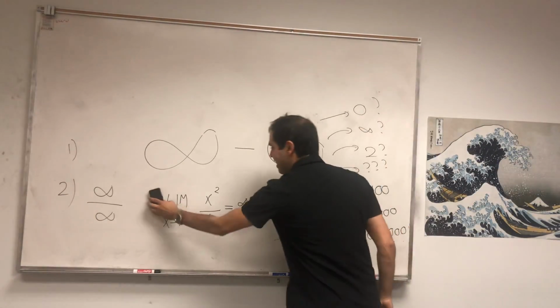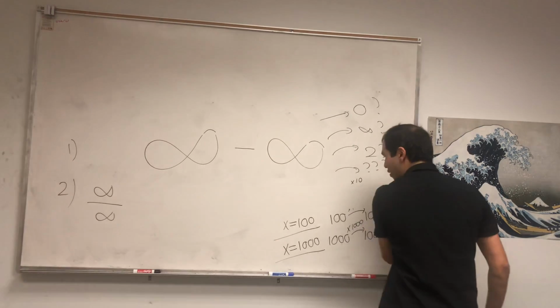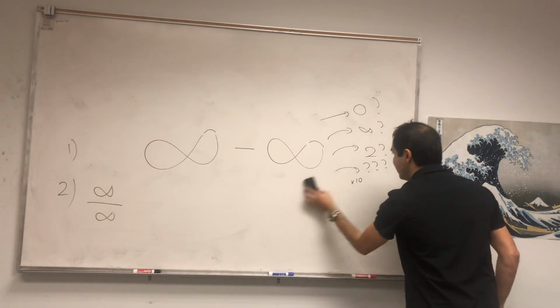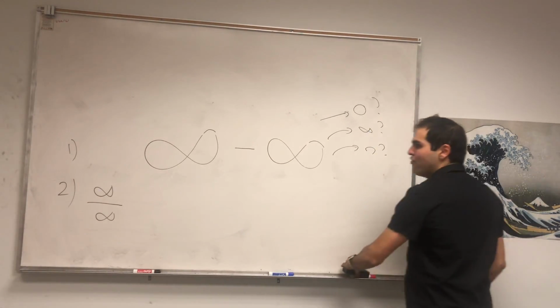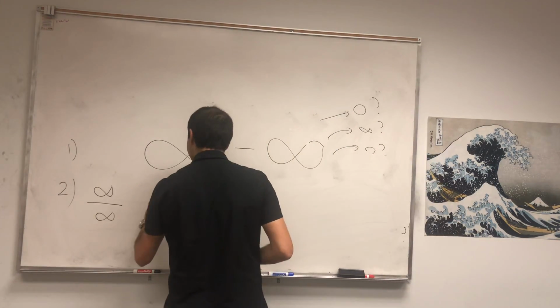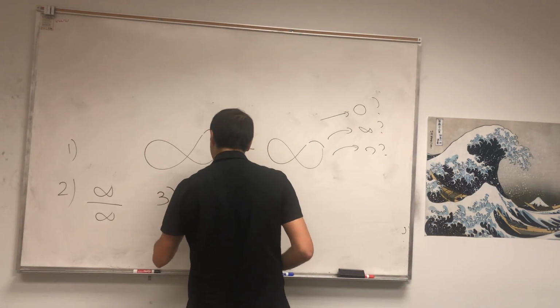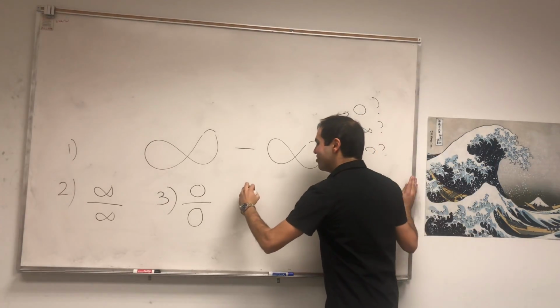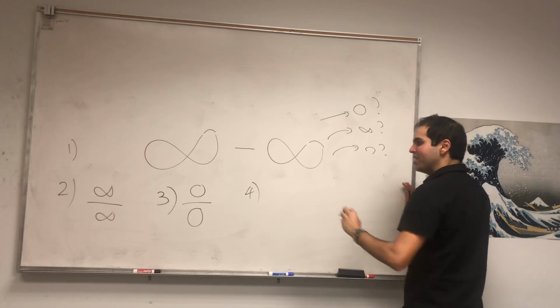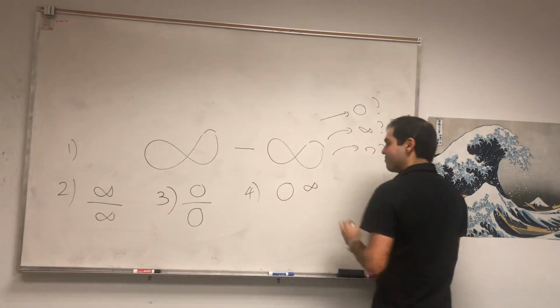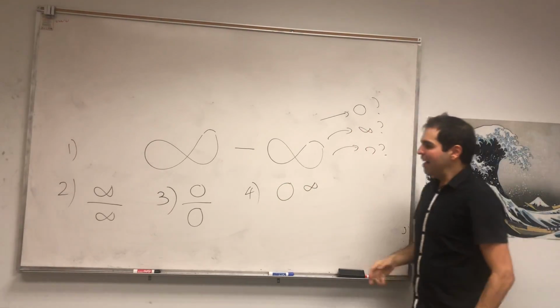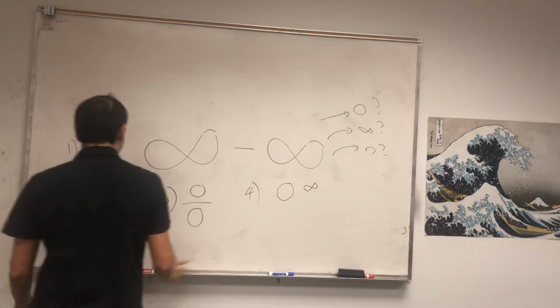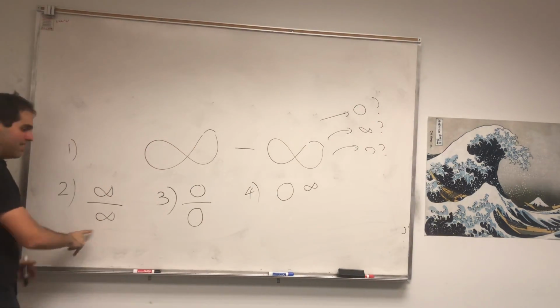Another one that's related is 0 over 0, and again, for similar reasons, it depends on how fast the 0 is. And then one that's also very neat, which is 0 times infinity. And in fact, it's neat because it is exactly the same as this one.